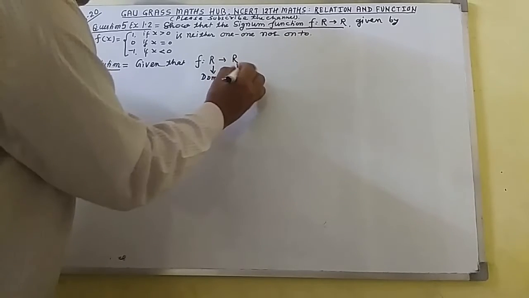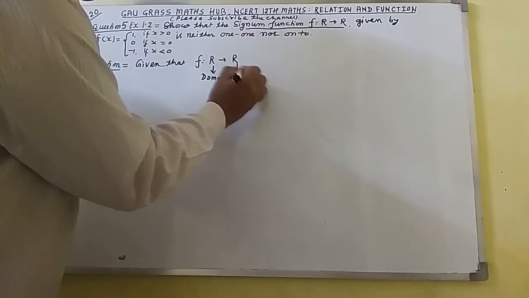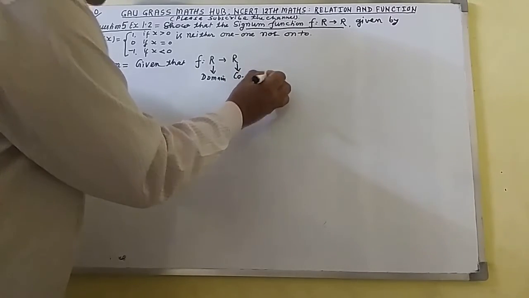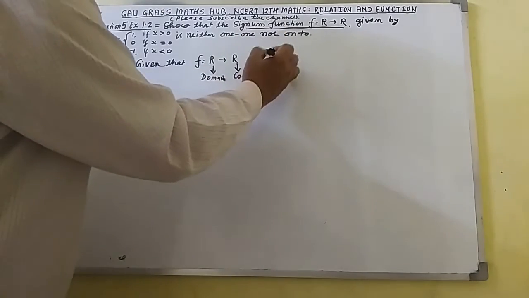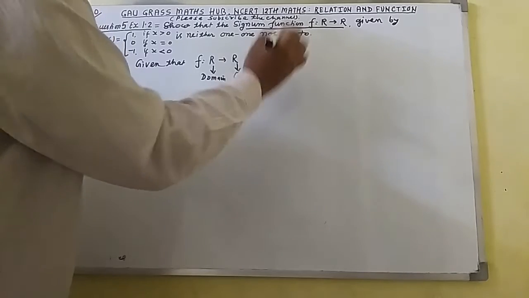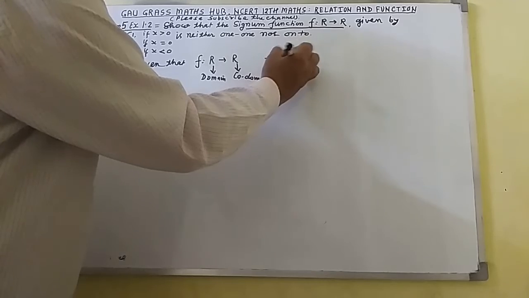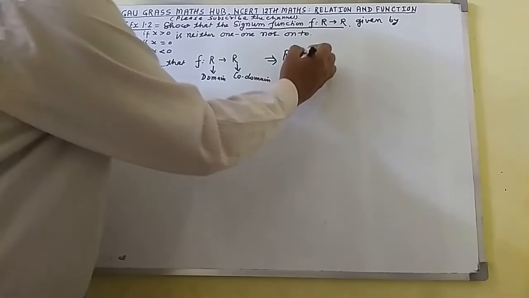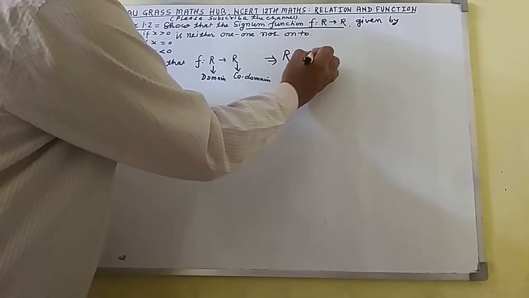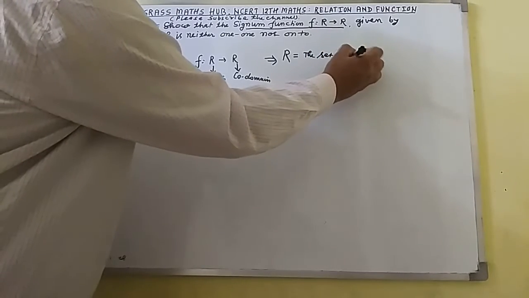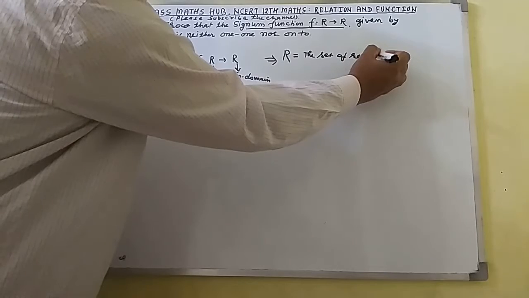Here this capital R is the codomain. Now here I can write that capital R is the set of real numbers.